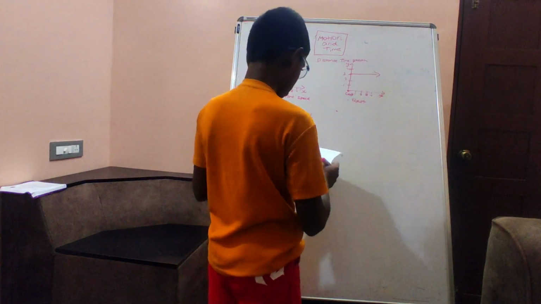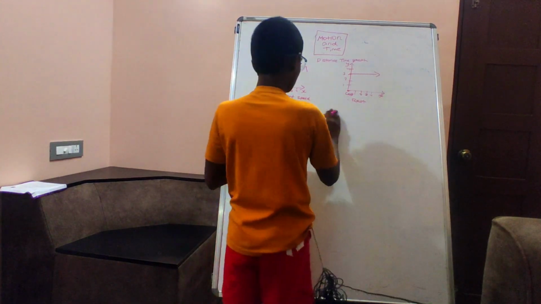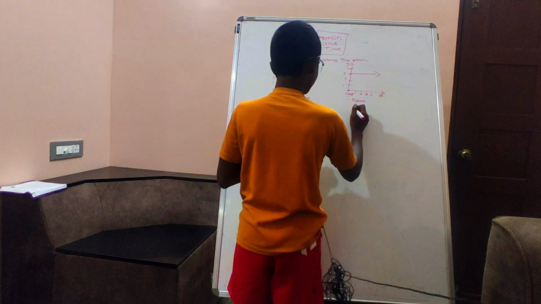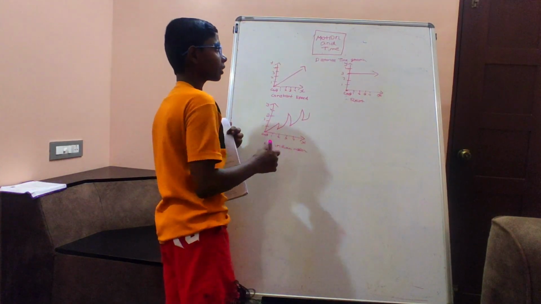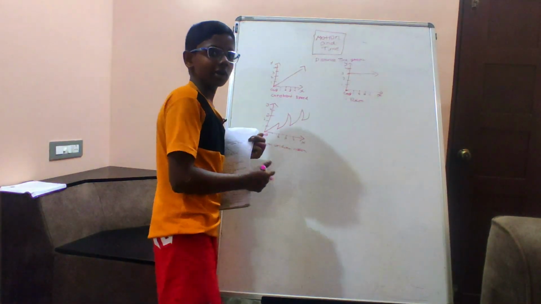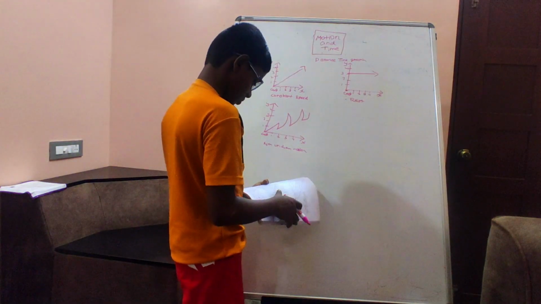And finally, let's look at the graph with uniform motion, which is constant speed itself. So I hope you guys understood the 3 types of distance time graphs.